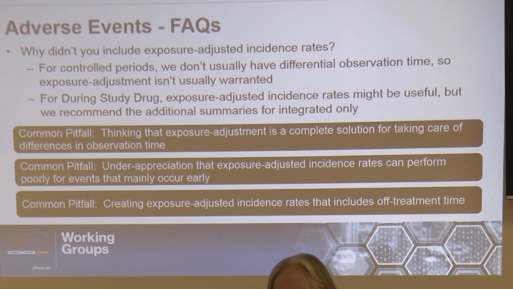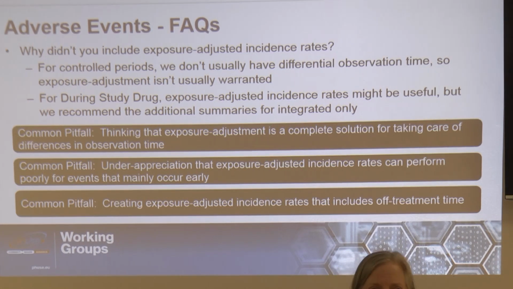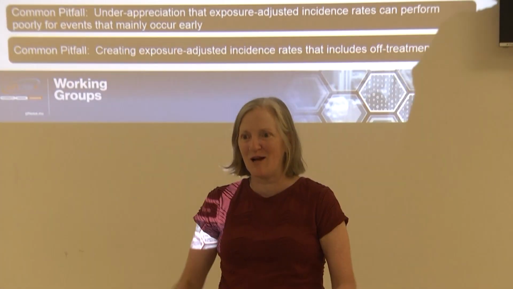And we do have a lot of common pitfalls with exposure adjustment. Everybody thinks it's God's gift to analysis. It fixes all problems related to time, right? Now, think about that titration example I gave you: low dose for a little bit, high dose for a little bit, or middle dose and high. Let's say they get on that high dose and they're on it for a long time. They think, well, if you just adjust for exposure, now you can compare those doses.